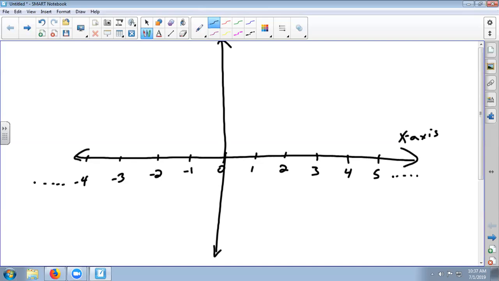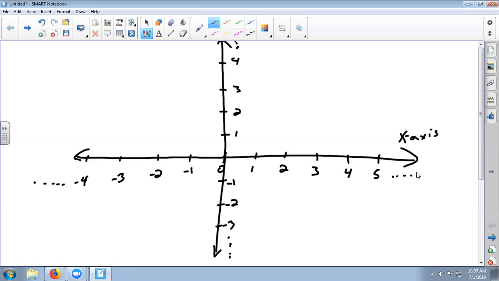And numbers going up are positive, and they go on forever. Numbers going down are negative, and they go down forever. Okay.